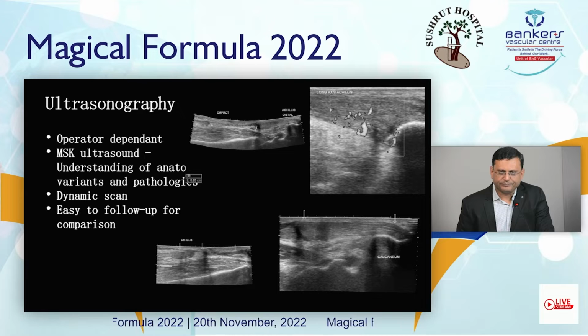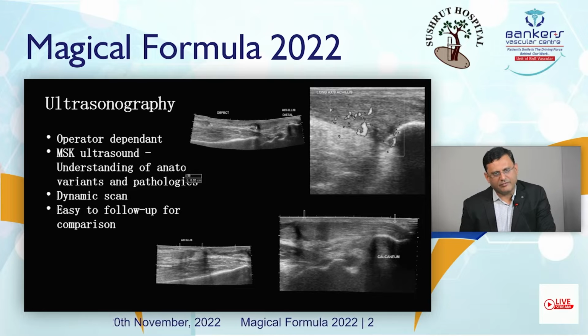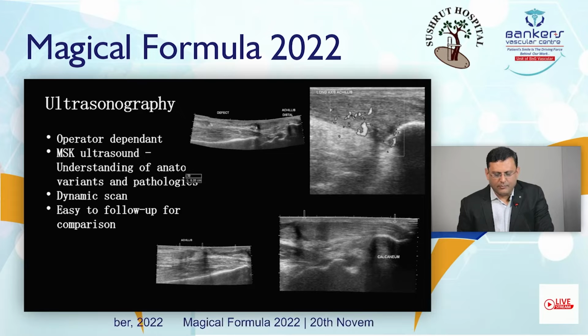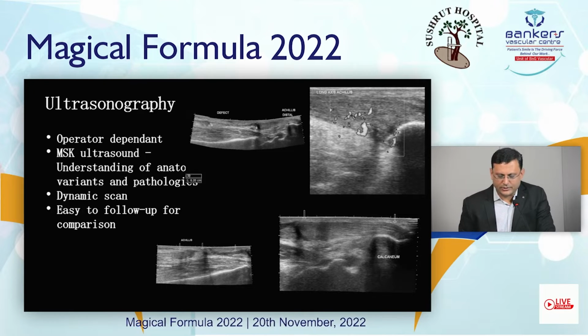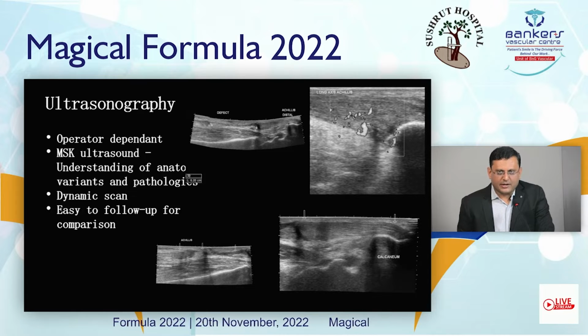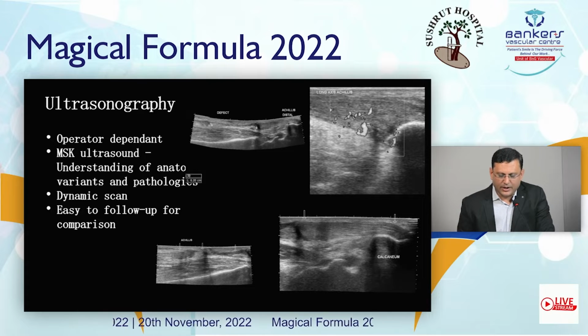Ultrasound is a wonderful modality so far as the Achilles tendon is concerned, because it is a superficial tendon and we can see it very nicely with the help of ultrasound. The issue is it is more operator dependent, so you need to have a good person doing the ultrasonography. For MSK ultrasonography, you need to understand the anatomy as well as the variants properly, otherwise it becomes difficult to scan.